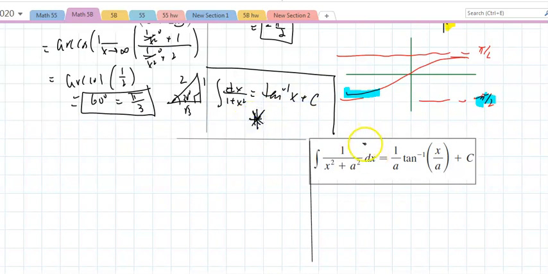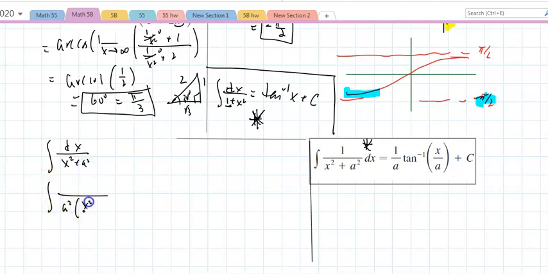Now I want to derive this. There are 4 integrals that come up a lot more than you like. This is one of them. So if I look at the integral of 1 over x squared plus a squared dx, I would factor out, because I want that to be a 1, an a squared.